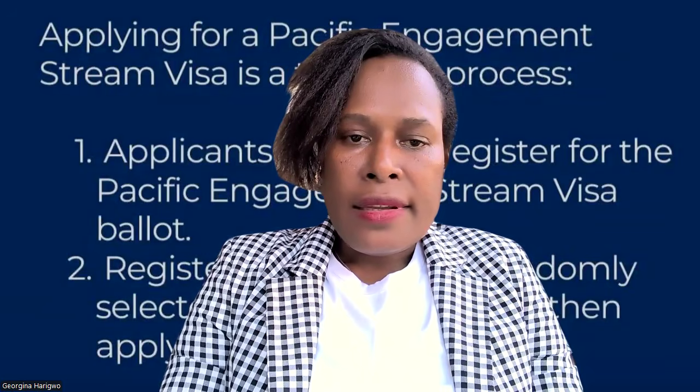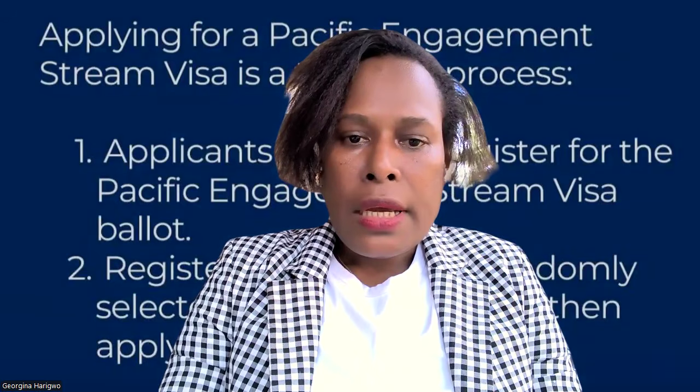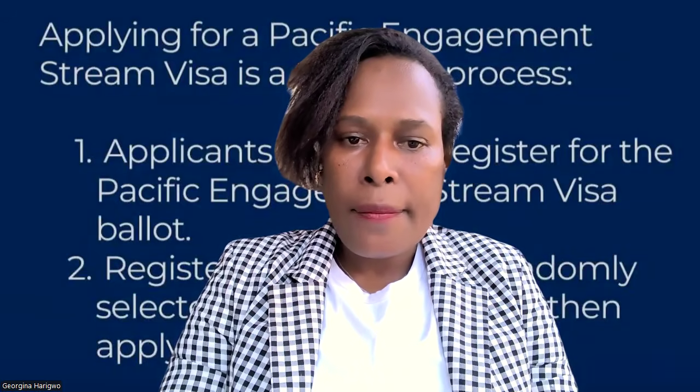Okay, you have to do police clearance for yourself as the primary applicant, and also for your wife or your spouse. Then there's a very important requirement here. You have to get a job offer in Australia.